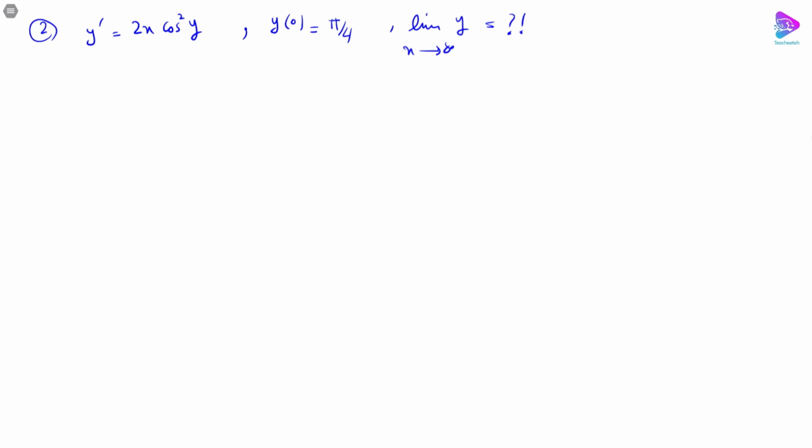So simply, instead of y prime, I'm going to write dy over dx equal to 2x cosine squared y. Correct? And then I'm going to rearrange, so I have x on one side and y dy on the other side. You can see how easily by bringing this over here and this here, I'm going to rearrange to p dy q dx.